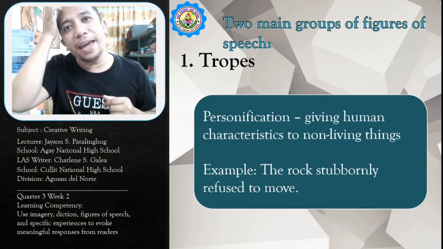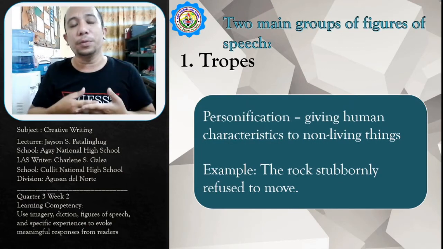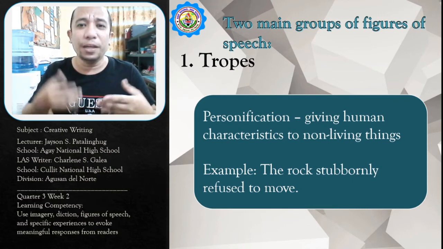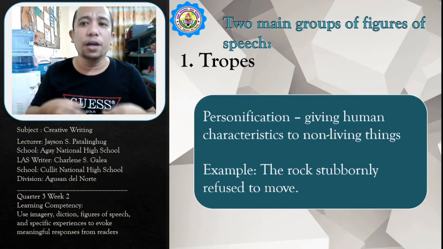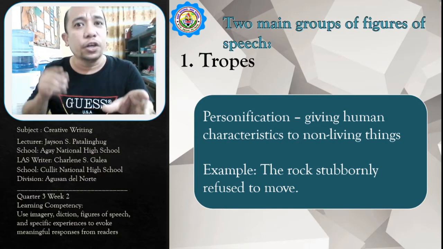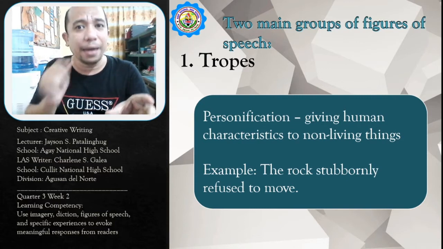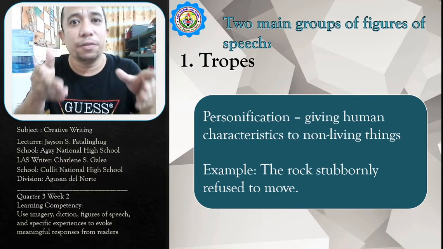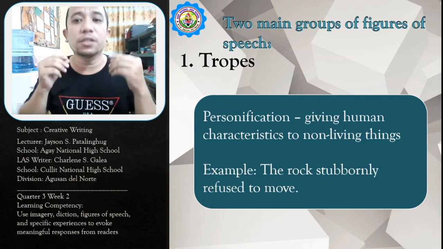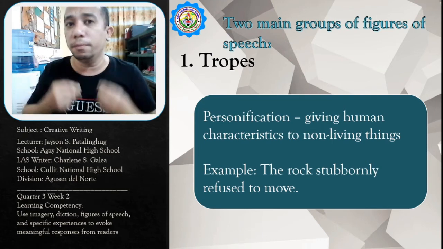Okay? Now, the next type of tropes is personification. Personification is when you give human characteristics to non-living things. Again, there's a non-living thing, and you're going to apply a human characteristic to it. Example: the rock stubbornly refused to move.